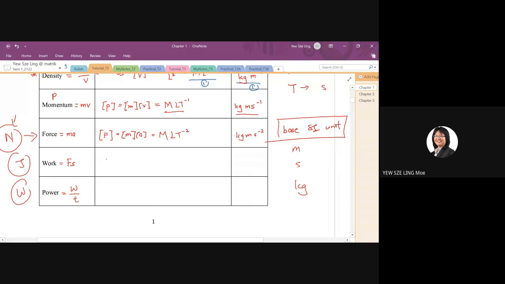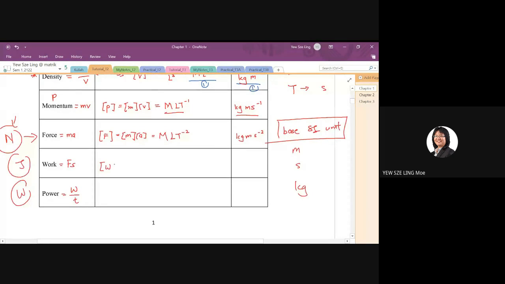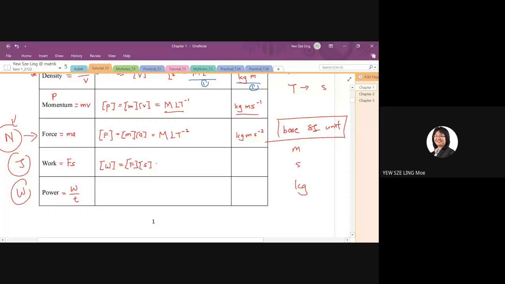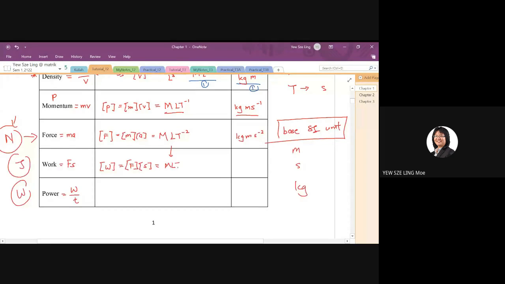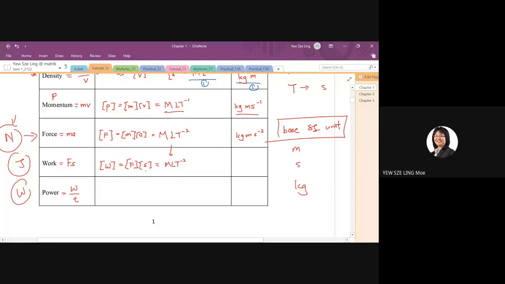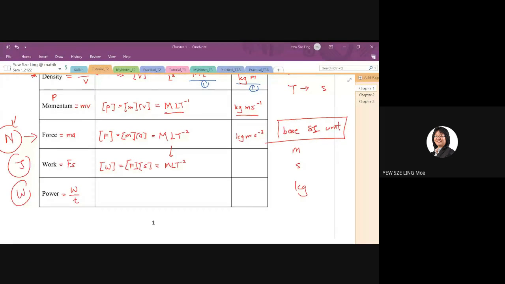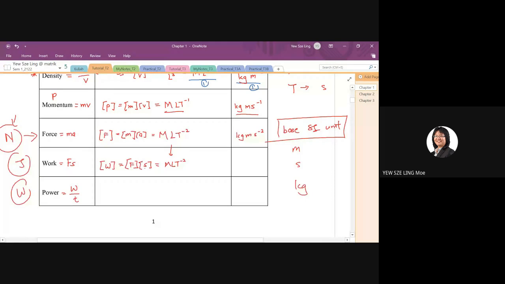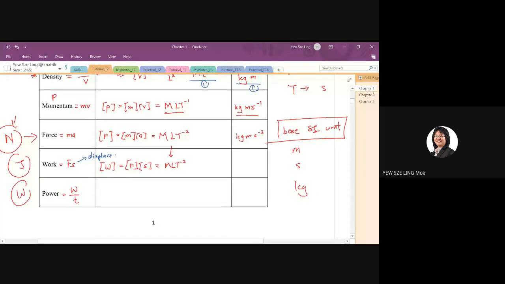So for work, [W] equals [F][S], which is equal to, now force from previous questions, we have MLT^-2. Now when it comes to S, what is S? S is a displacement. S here is not a second, but refers to displacement. So displacement is a type of length.